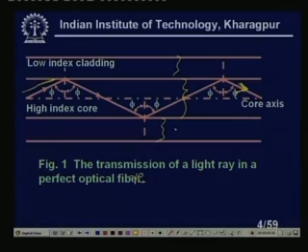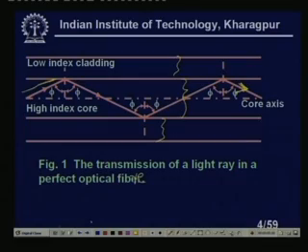If it is bent, you will find there is a loss of intensity, since some light will be dispersed. Using that principle we made several sensors; we will come to that later on.